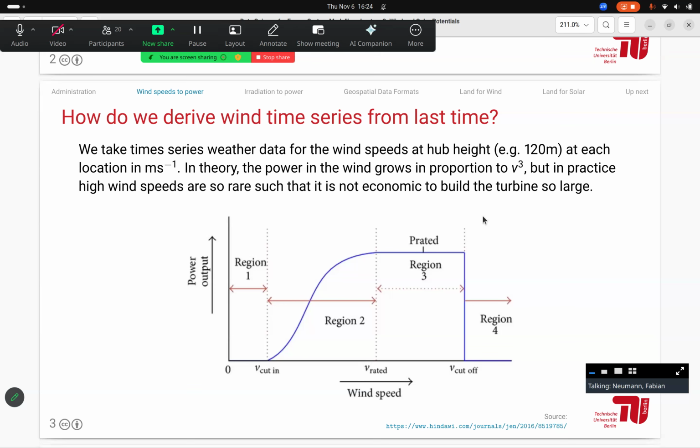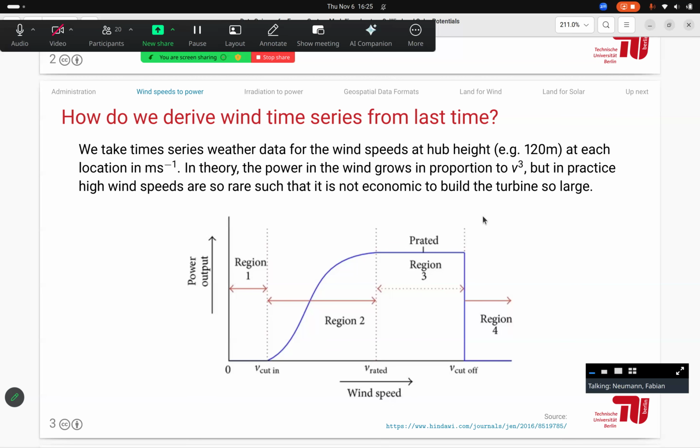There's one region where the wind speed is not sufficient for the wind turbine to produce power. So there's any wind speed below the so-called cut-in wind speed. And from that on, the wind is sufficient to slowly ramp up the power output. That's region 2, the ramp-up phase.